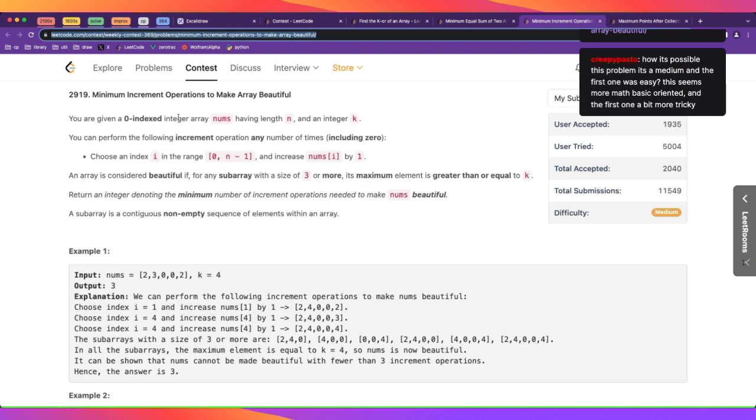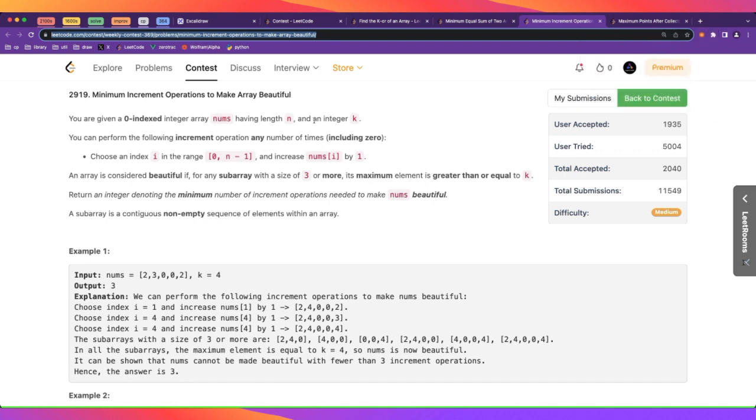Minimum increment operations to make array beautiful. You are given a 0-indexed integer array nums having length n and an integer k. You can perform the following increment operation any number of times including 0. Choose an index i in the range 0 to n-1 inclusive and increase nums of i by 1.